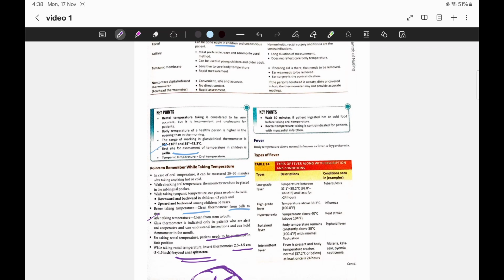So these are the vital signs, the temperature, and we will discuss the next topics, respiration, pulse and BP, in the next video. I hope we will improve together. I will also improve my skills, explanation as well as editing.